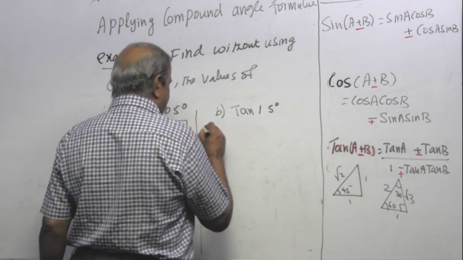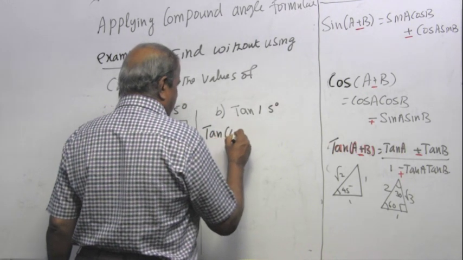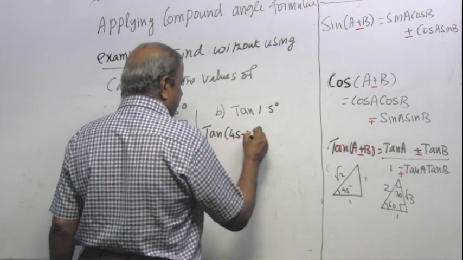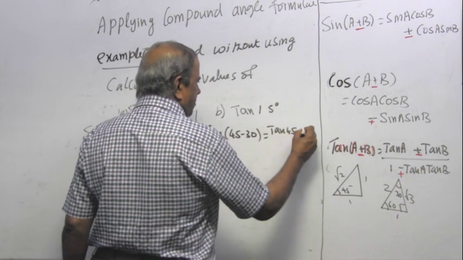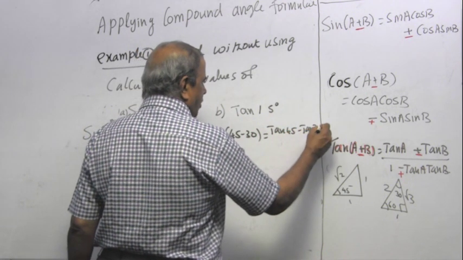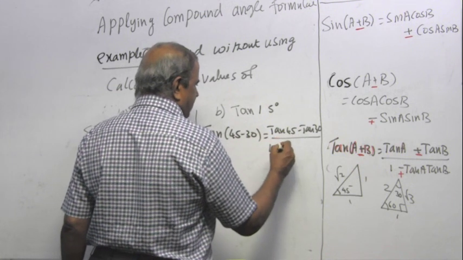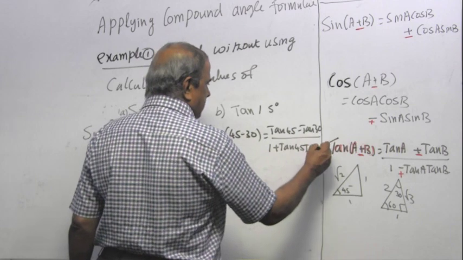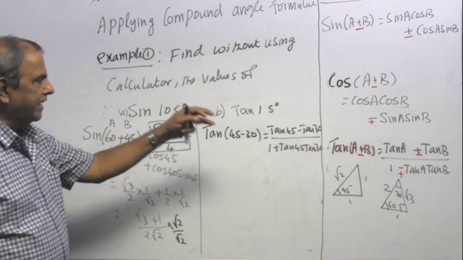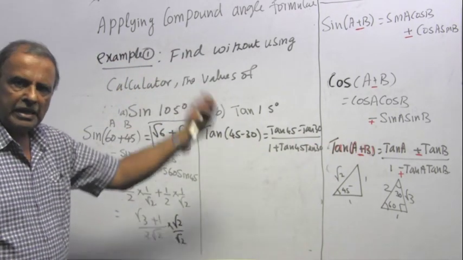So tan of 45 minus 30 will be tan 45 minus tan 30 over 1 plus tan 45 tan 30. Again, the purpose of this is that indirectly you're going over the formula now and then.